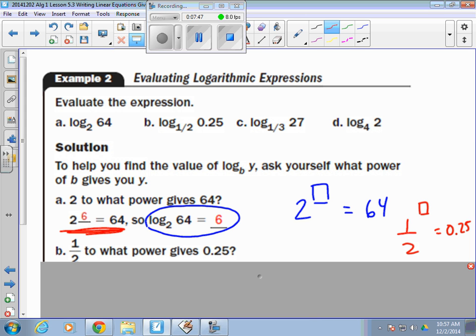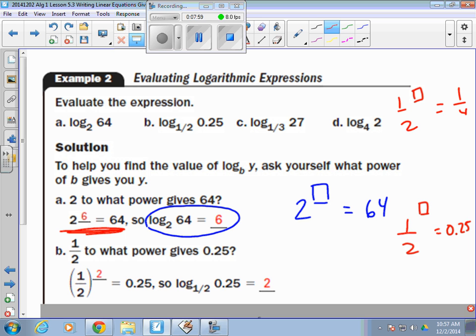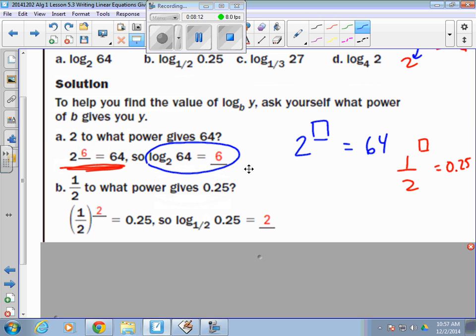Convert them both to fractions, make it easy. So 1/2 to what power equals 1/4? That's what it's asking you. And that's being raised to the second power, because when you do 1 to the second power, it gives you 1, and 2 to the second power gives you 4. So it's base 1/2 being raised to the second power is 0.25.